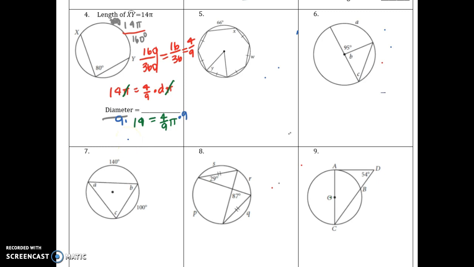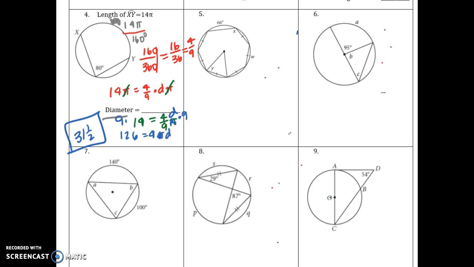So 9 times 14 is 126, which equals 4 times the diameter. And then 126 divided by 4 is 31 and a half. Oh, that's not a pi, that should be the diameter. So you could say 31 and a half, or you could switch that into a fraction, so you could also say 63 over 2.